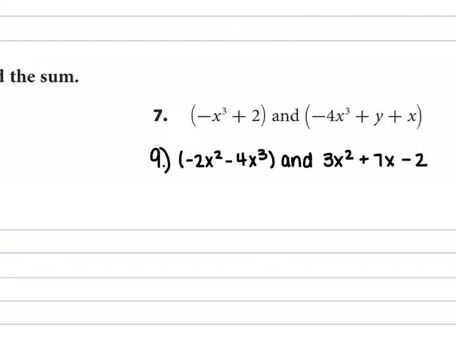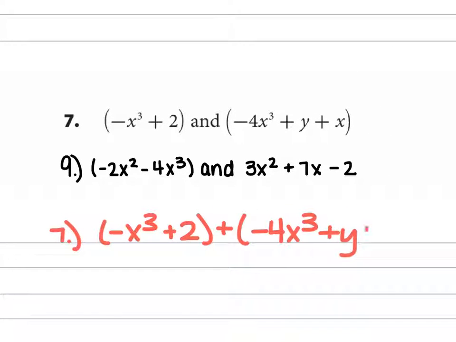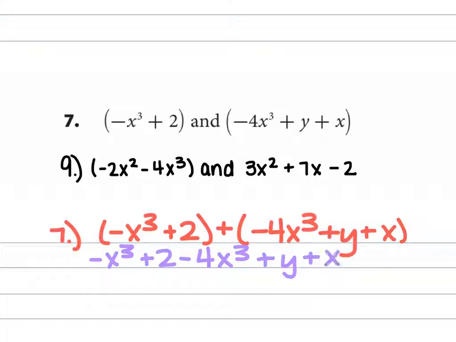For 7, we have negative x cubed plus 2 and negative 4x cubed plus y plus x. So if we rewrite this, we're going to have negative x cubed plus 2 minus 4x cubed plus y plus x.